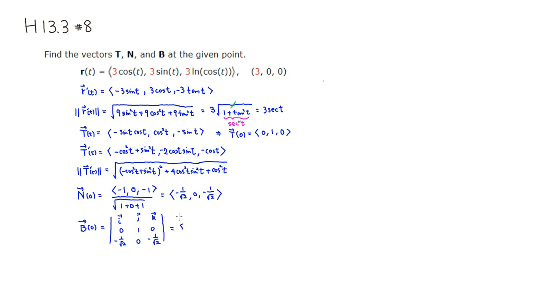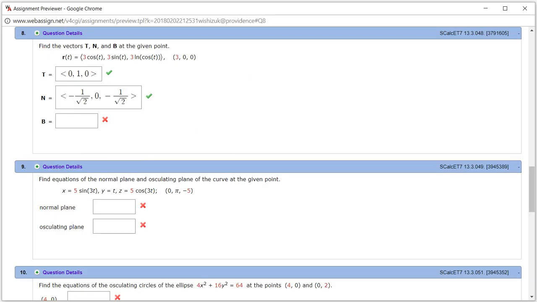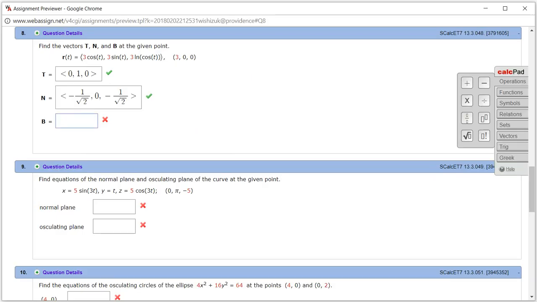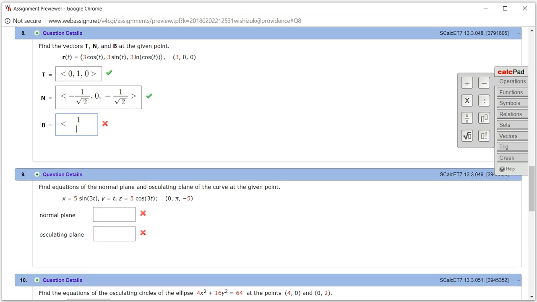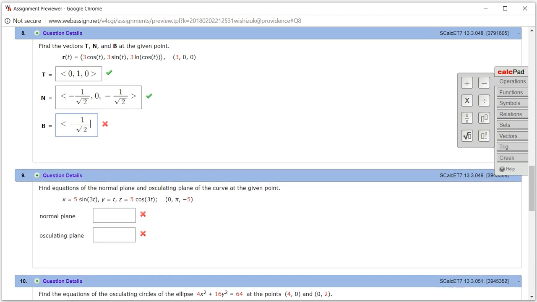So the first component is this times that, which is negative 1 over square root of 2, minus that, which is 0. The last component is 0 minus negative, so it's going to be positive 1 over square root of 2. So let's type it in. We get negative 1 over square root of 2, comma 0, comma positive 1 over square root of 2.